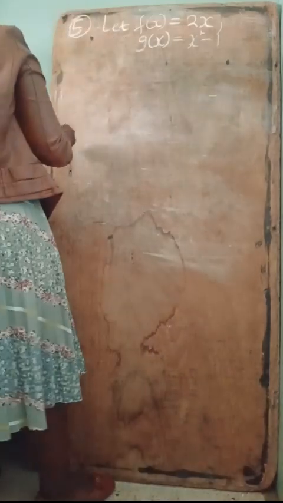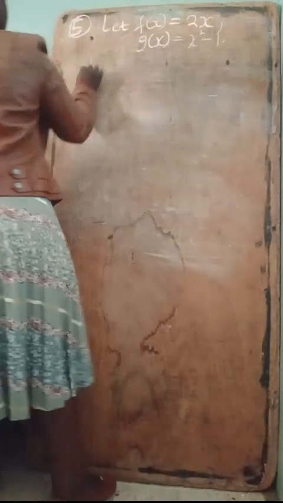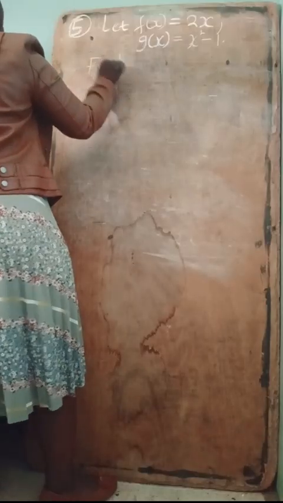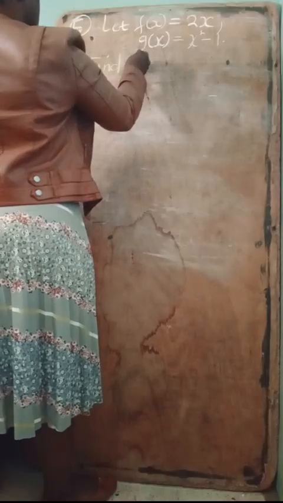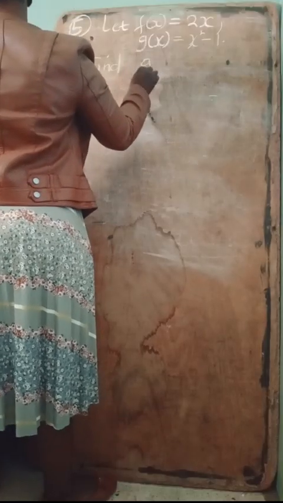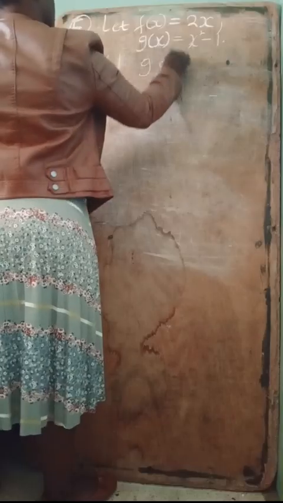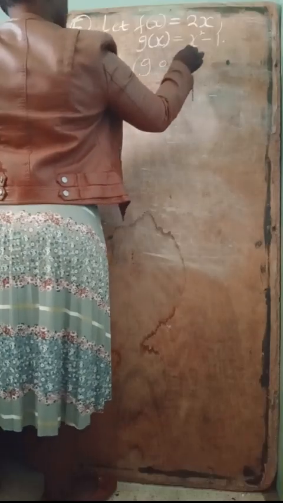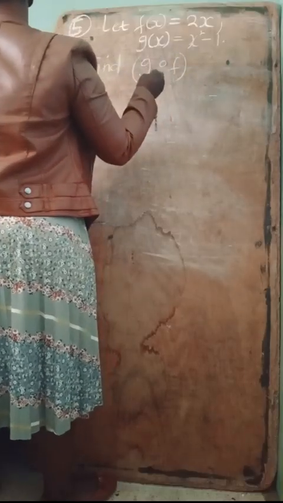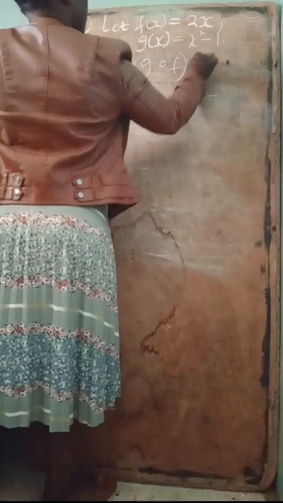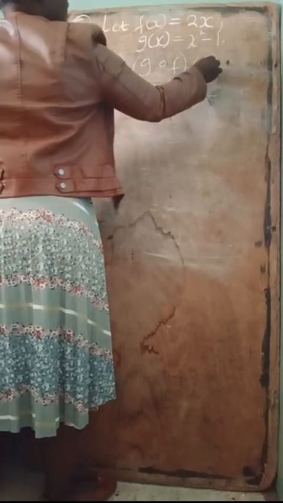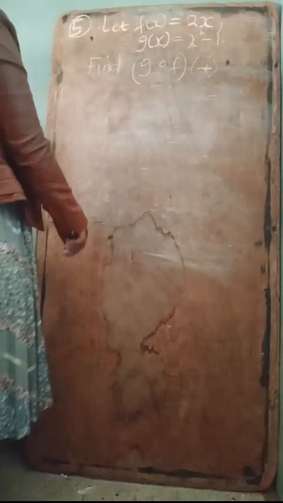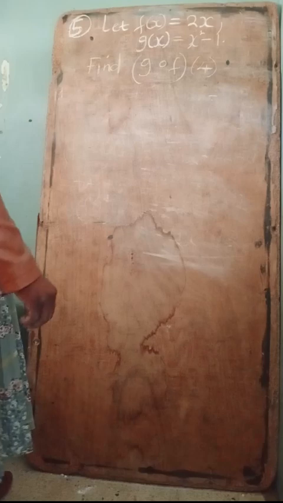Then here we are told to find g of f of 4. Okay, so we have g of f of 4.